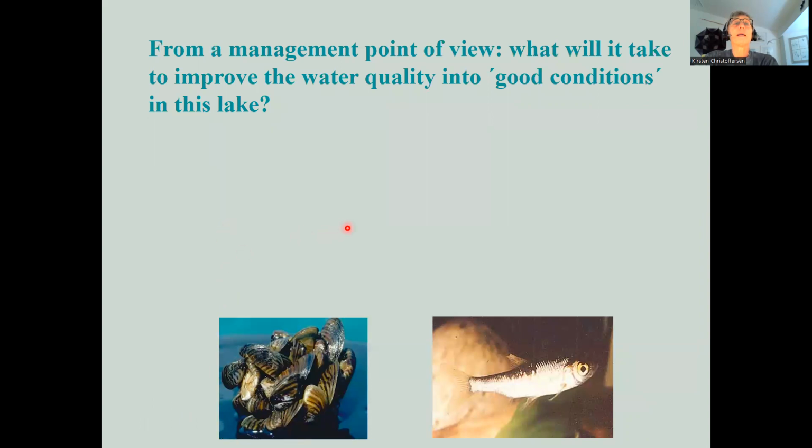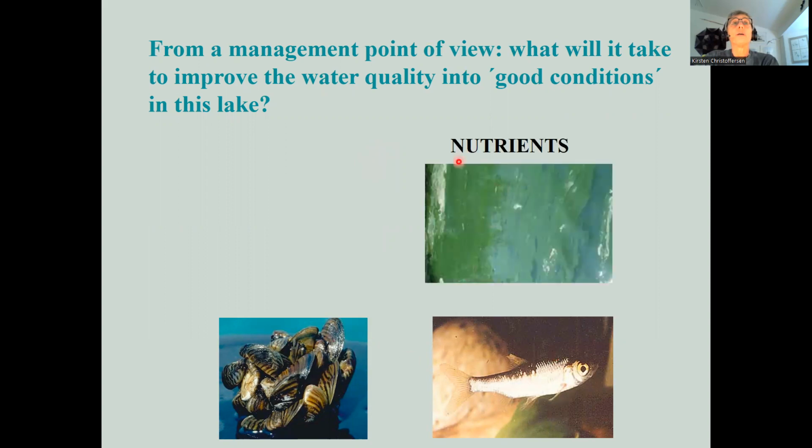So from a management point of view, what will it take to improve the water quality in this lake? Well, we can look at things like reducing fish and adding mussels. We can also look into the nutrients. How can we reduce the nutrient input to the lake? The nutrients are no longer actually coming from outside, but from inside the lake.